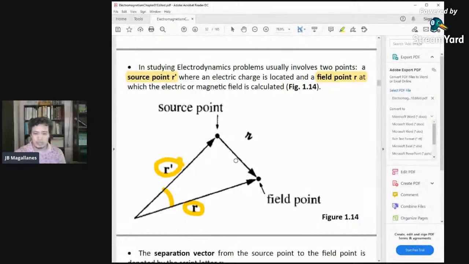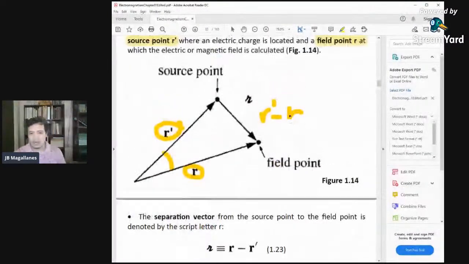This is r minus r prime, because r prime would be here, and then your script r would be here.